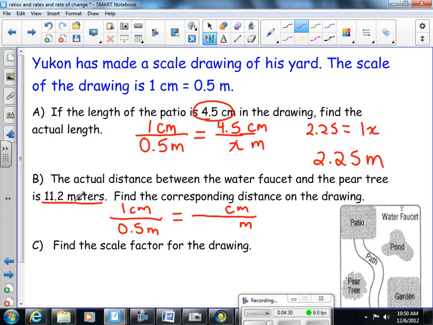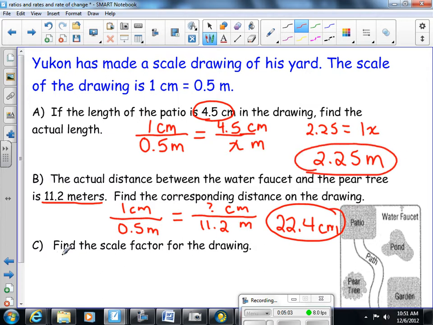They give us the actual meters this time, and we're going to find out what the centimeters are. 1 times 11 2/10 is 11 2/10, divided by 0.5, gives you what? 22 4/10. And your label? Centimeters. Good.